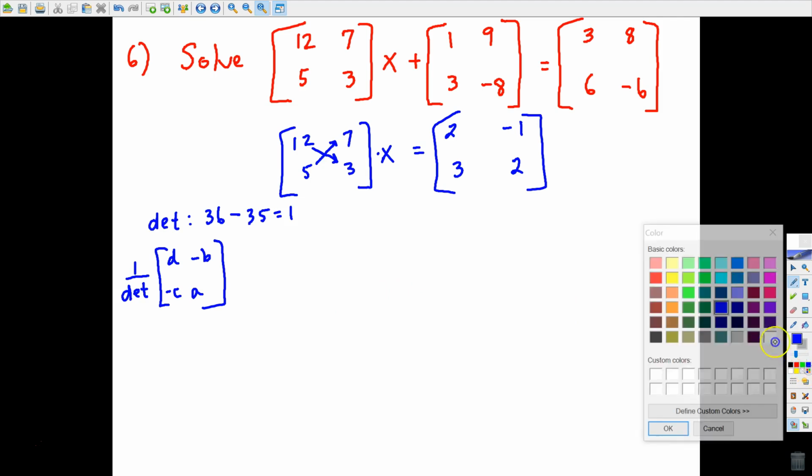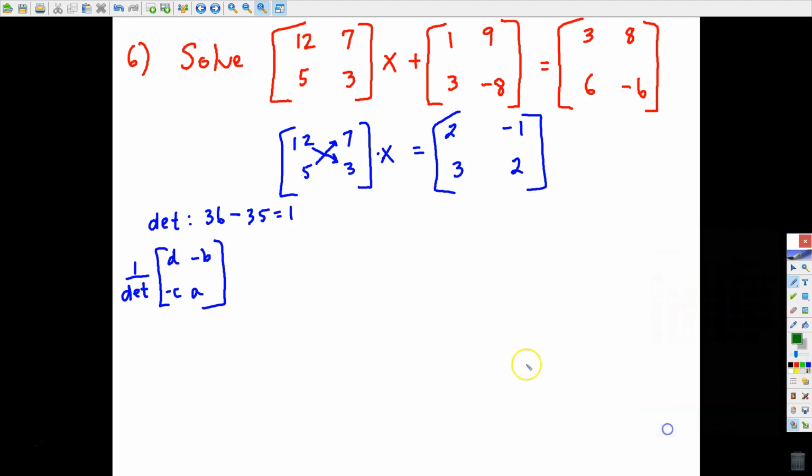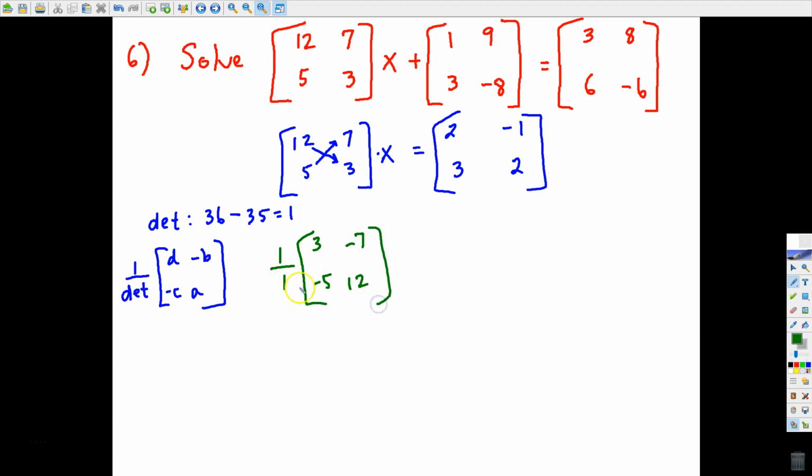All right, so maybe I'll change color here, and let's go ahead and apply this toward getting the inverse of this 2 by 2 matrix. So 1 over the determinant, and notice how D and A, or A and D, switch places. 3 and 12 switch places. The other two elements change signs. And multiplying by 1 doesn't change that.